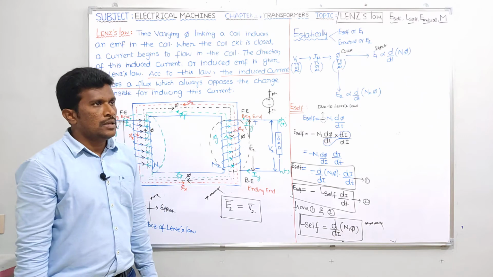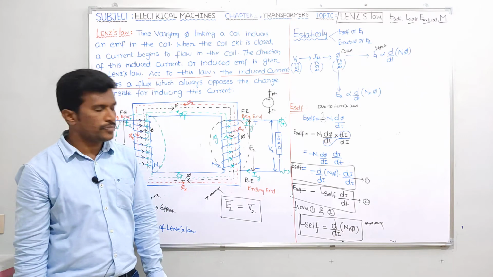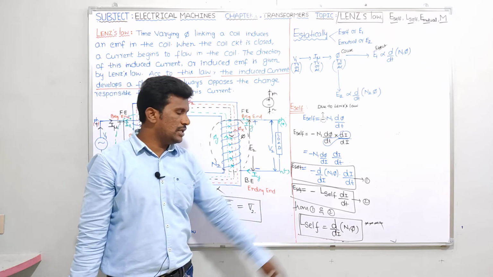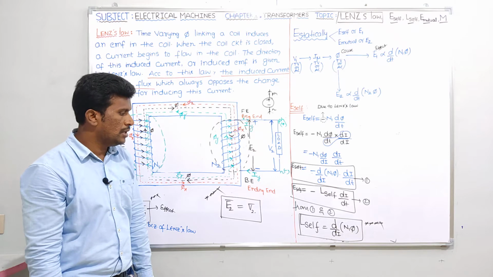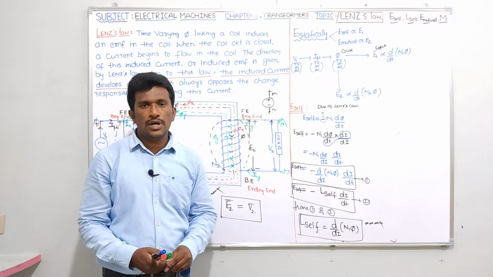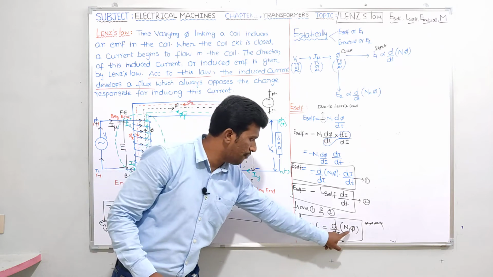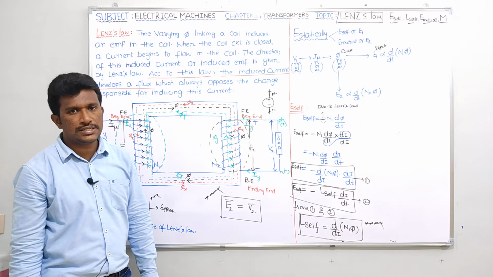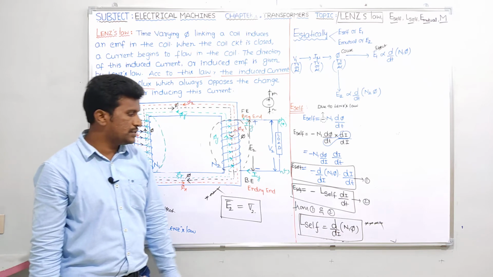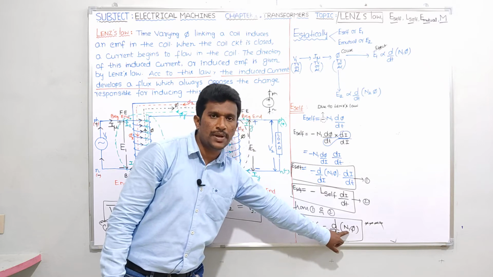Note down. Self inductance Lself is defined as the rate of change of flux linkage. I just wrote here N1. N1 means what? It indicates the primary winding.